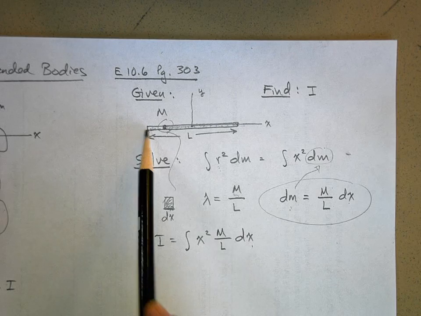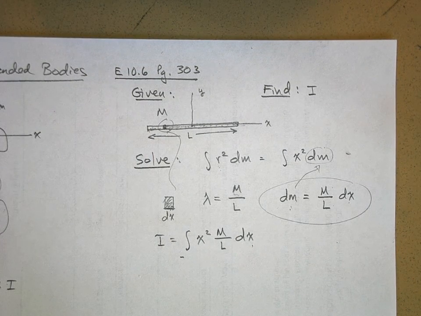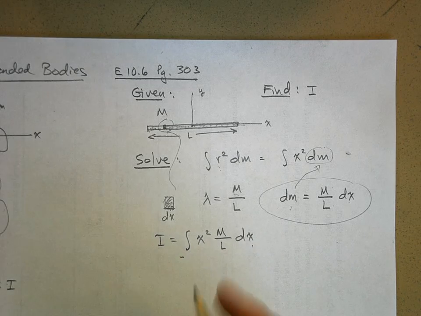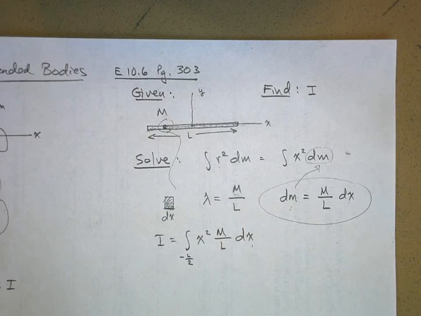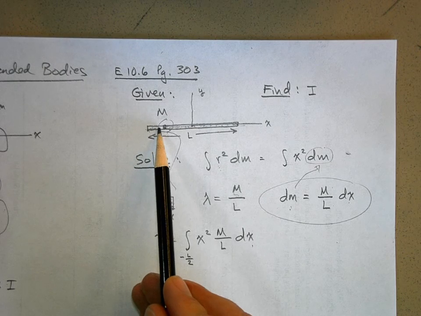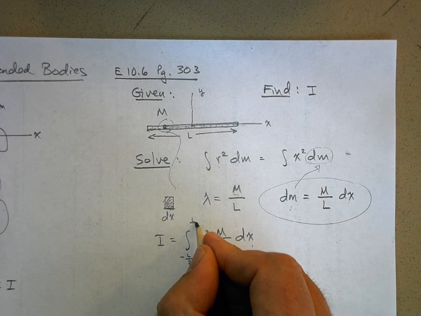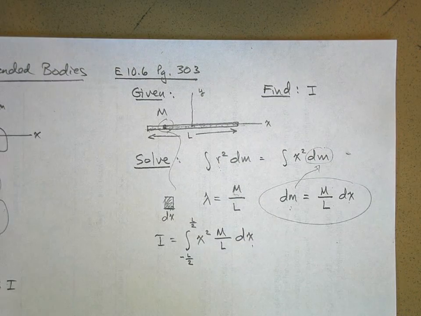It's on the negative side of x. That's good. Negative L over 2. And so that's where I start on the x, and then where do I finish? Positive L over 2.